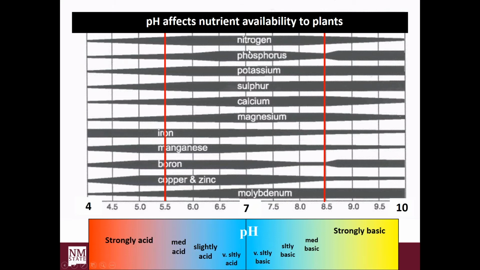And then as we increase in the basic direction, we lose the availability of that phosphorus, and then also in our acid soils, we lose some of that availability. Potassium is not strongly affected under the basic conditions, but we can lose a little bit of activity of potassium in our acidic soils. Sulfur, again, similar. Calcium, similar. Magnesium, similar to these guys.